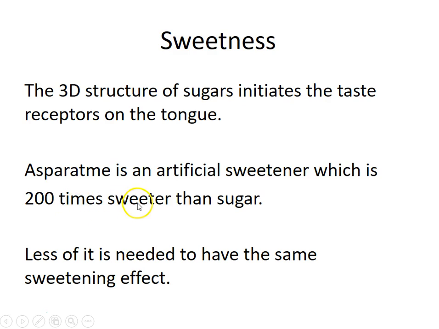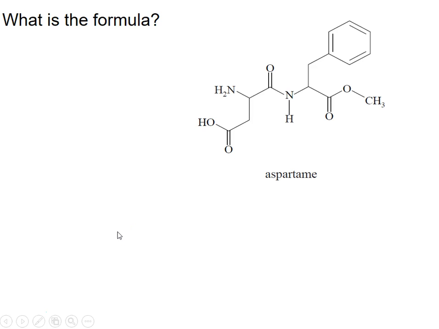So we can have it as an alternative to sugar. It's much sweeter, so you don't need as much. So one of these molecules would give you as much energy as a glucose probably, but because they're so sweet, 200 times sweeter, you don't need as many, so therefore you're not putting on as much weight.